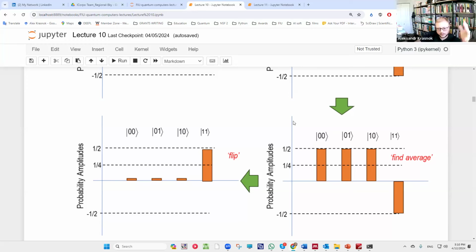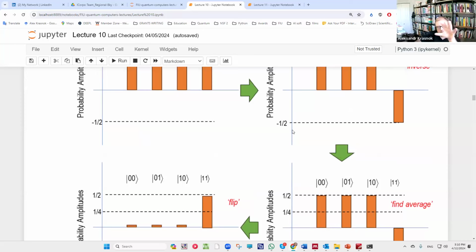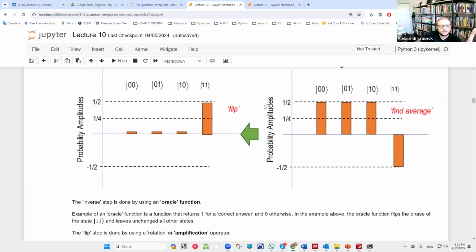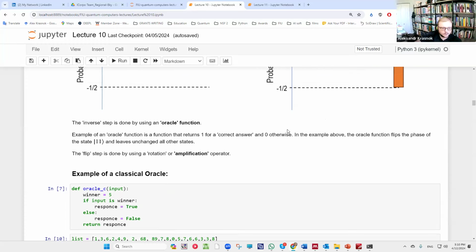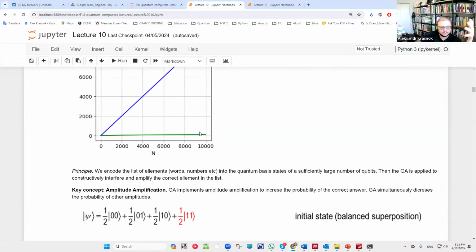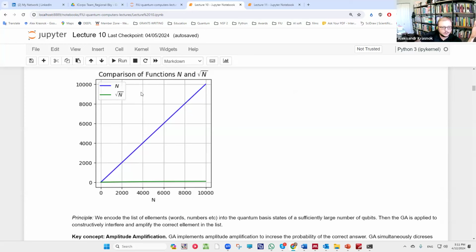Applying this operation several times, oracle, amplifier, oracle, amplifier, we can locate the element that we are after with 100% accuracy, basically, in one single run of our computer. This algorithm boosts the search.